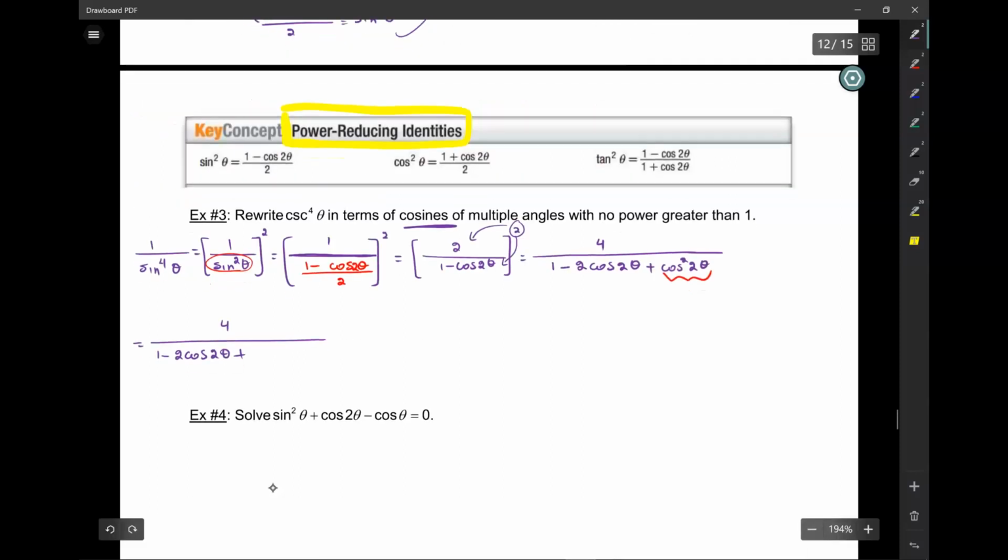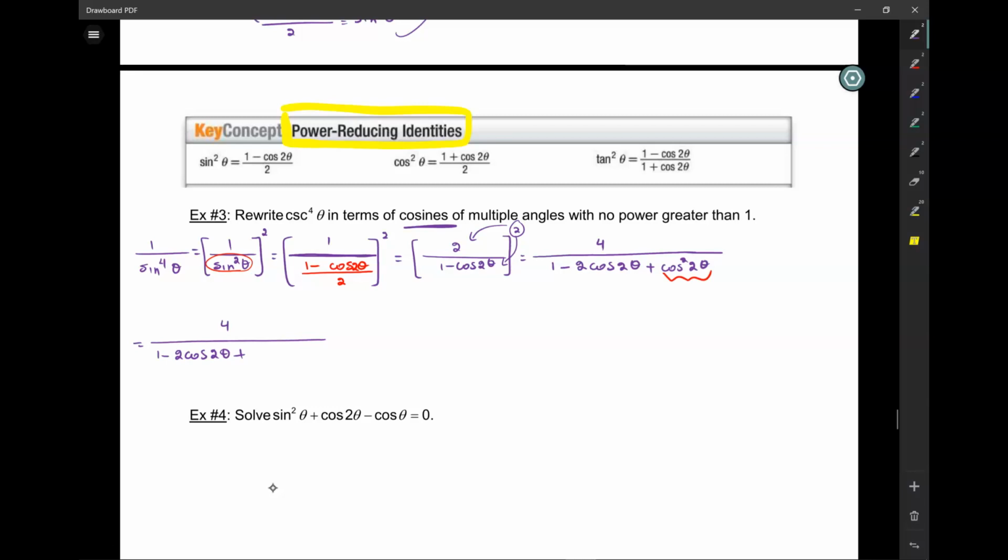If only there was an identity that would reduce a cosine squared to a regular cosine. Oh, but there is. Look at what this identity does. Cosine squared theta equals 1 plus cosine twice the theta, over 2.